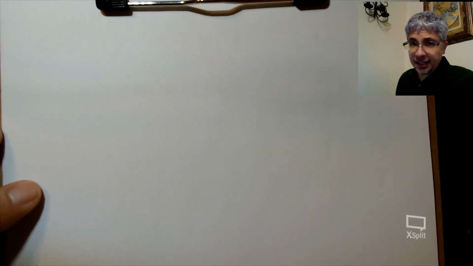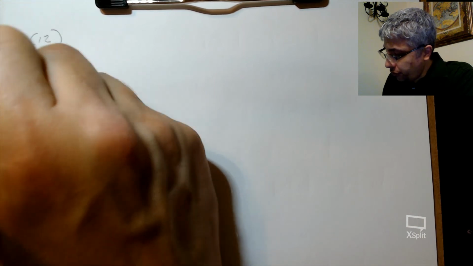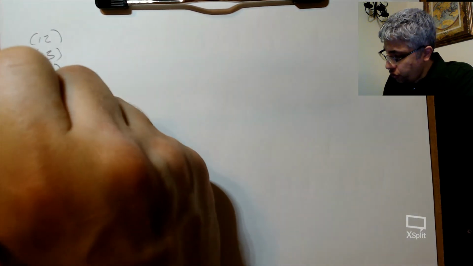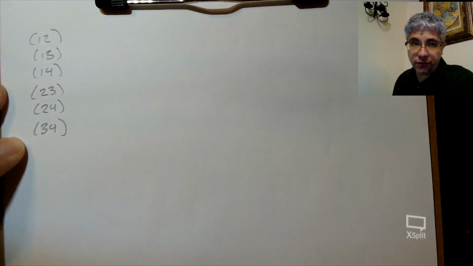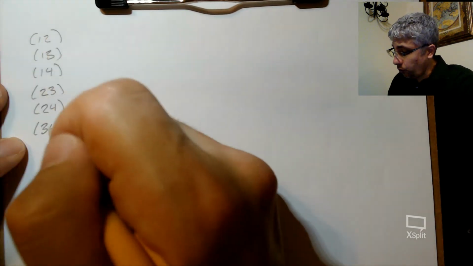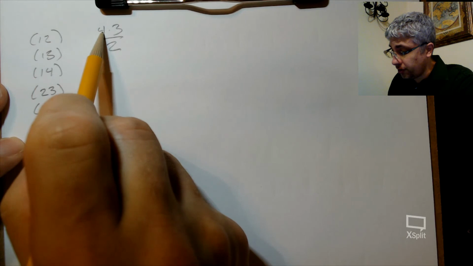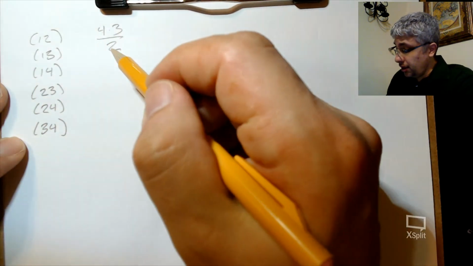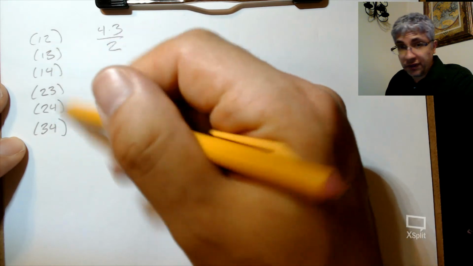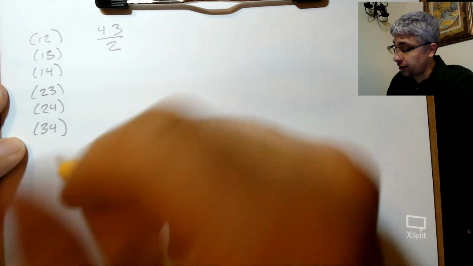So what I could say is, I have (1 2), (1 3), (1 4), (2 3), (2 4), and (3 4). And what was that? Well, we had 4 times 3 over 2 possibilities because we had 4 choices for the first element, 3 for the next, but each one of these has 2 different ways of writing them. So I have to divide by 2 so I don't accidentally count anything twice.